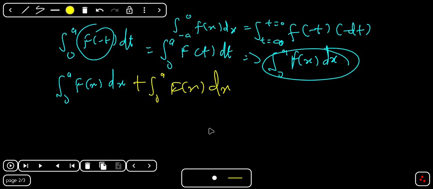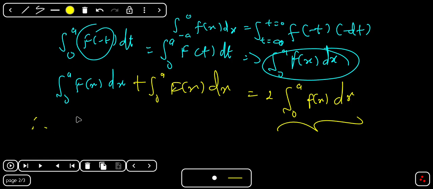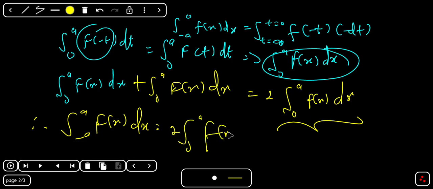If you add these two integrals together, because they are the same, this gives us 2 multiplied by the integral from 0 to a of f of x dx, and we have our answer. Therefore, the integral from negative a to a of f of x dx equals 2 times the integral from 0 to a of f of x dx, and that completes the proof.